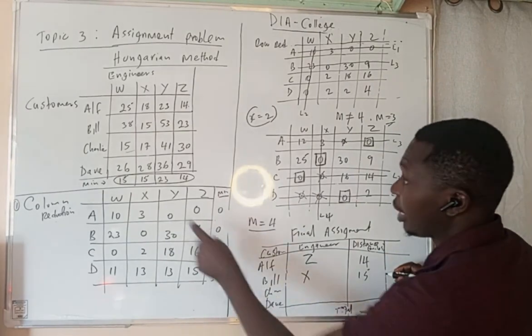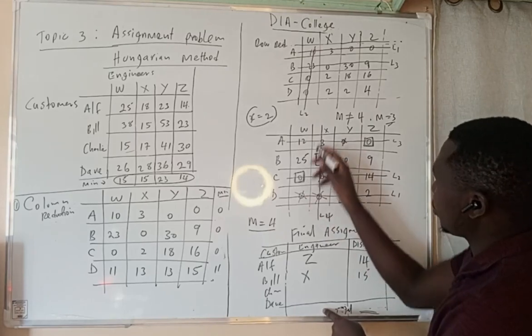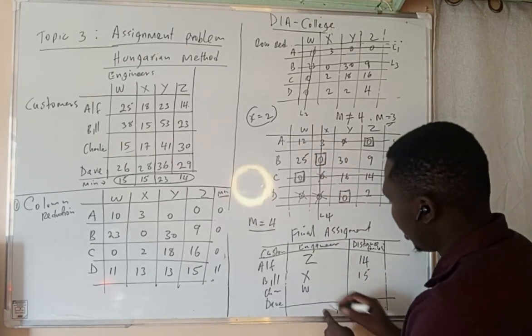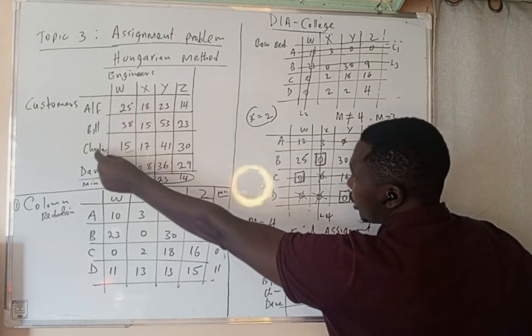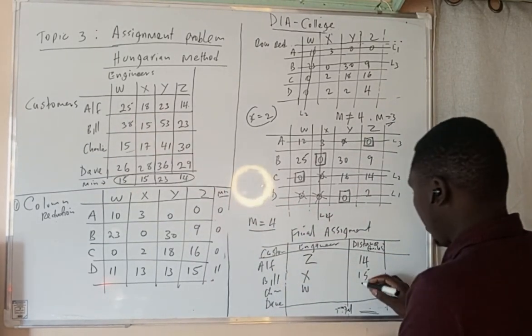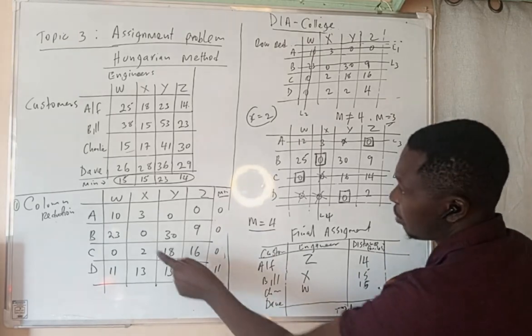Then I can see Charlie. Charlie, in my allocation here, is assigned to W. The distance in our initial matrix, Charlie to W, is 15. Finally, we have the last one, Dave.